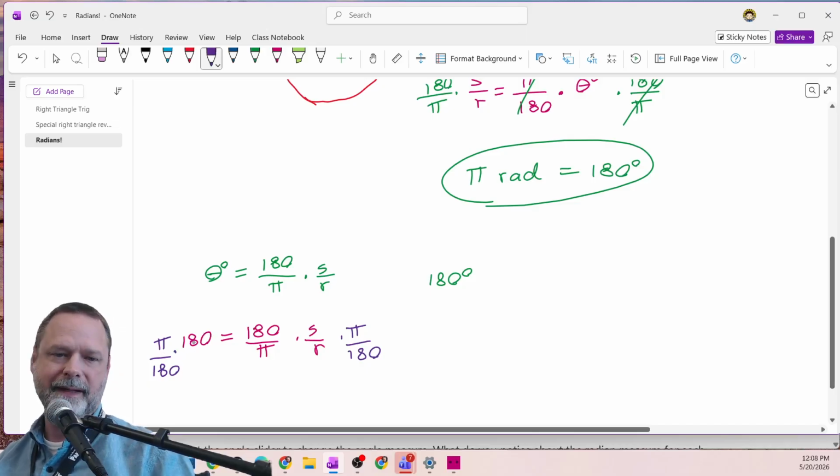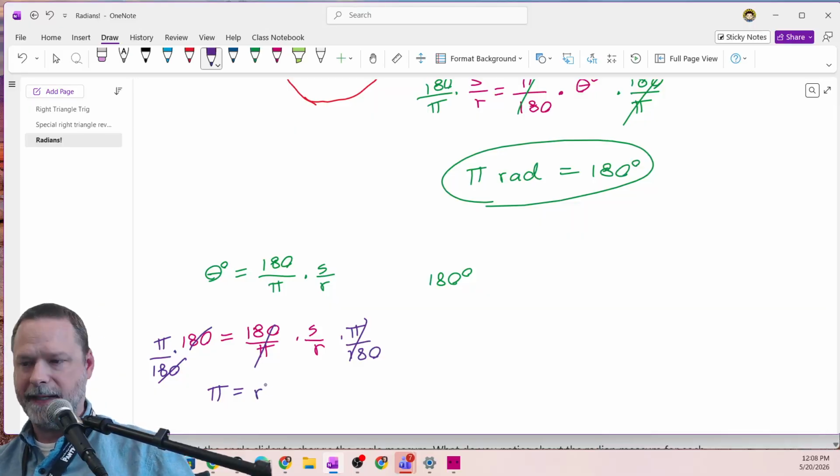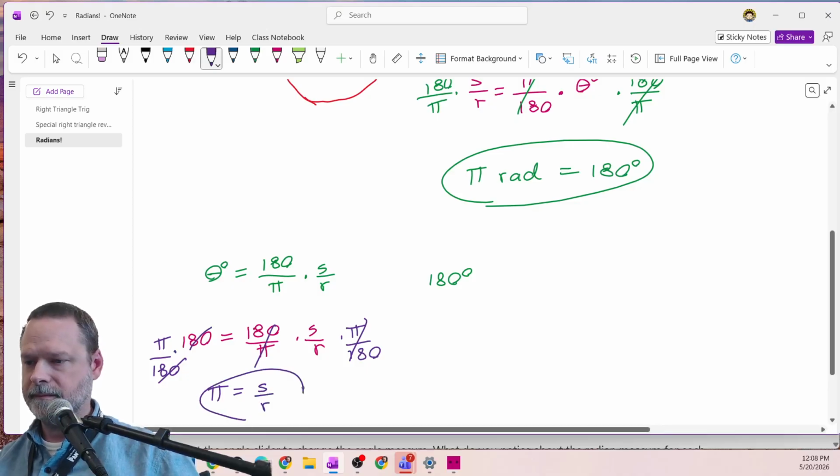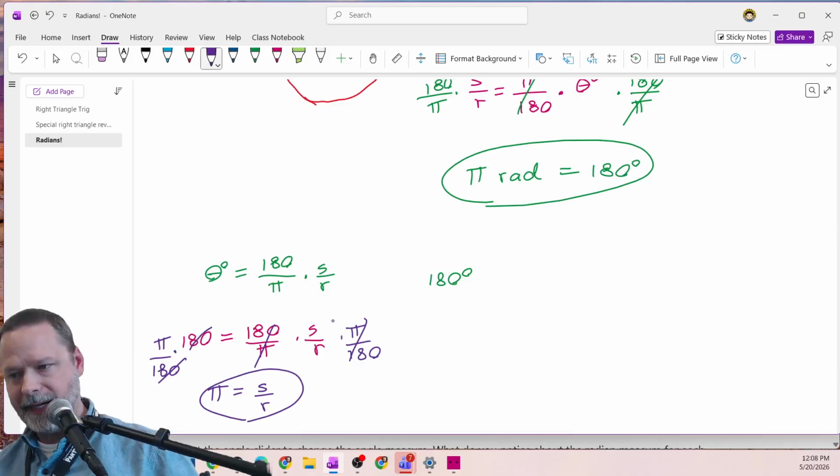I divide by 180 and then times pi. Those cancel, and I get pi. That is how many radians I have. My s over r is pi. So 180 degrees is the same as pi radians.